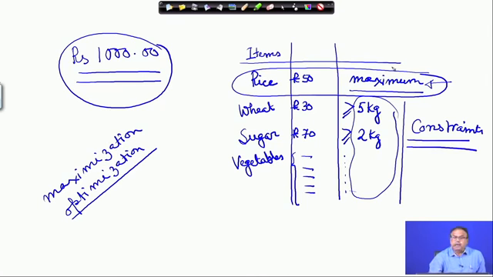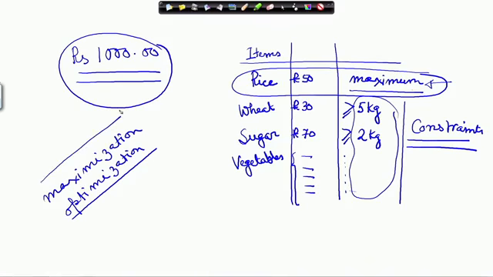After satisfying these constraints, how can I maximize this? So, this is another type of problem, a relatively much simpler maximization or optimization problem, all right.